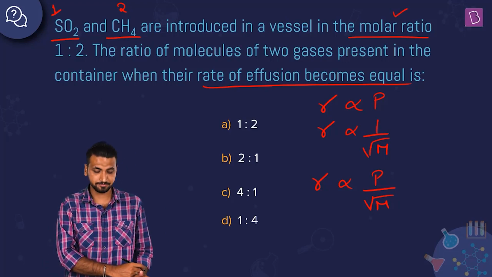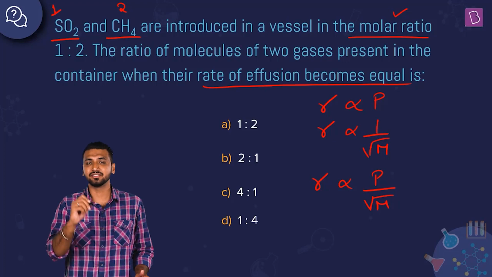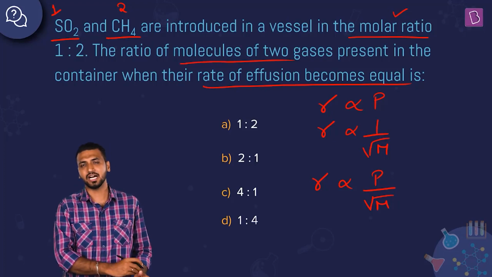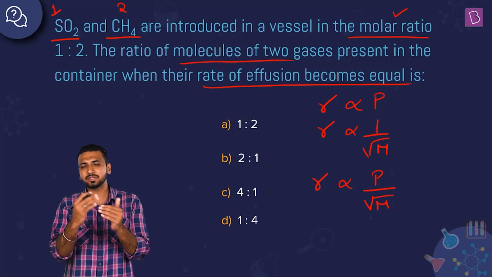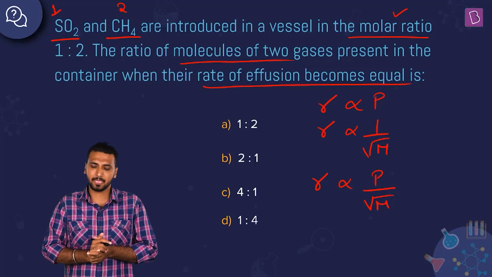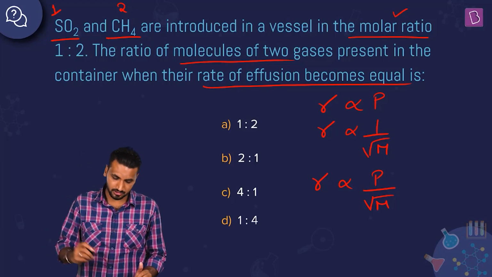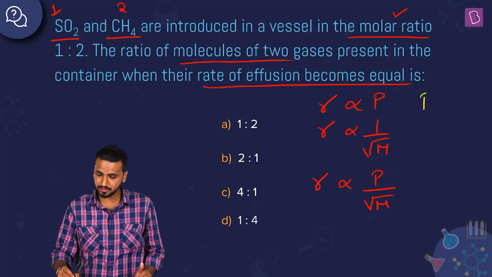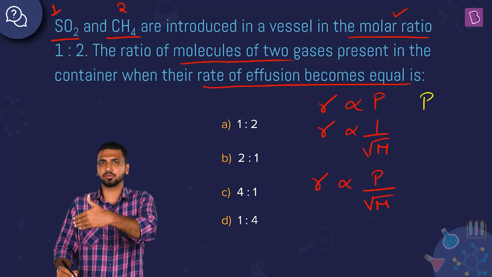And we are talking about the molecules of the two gases. Now, this pressure has to be somehow linked with the moles and the molecules. Can you comprehend that pressure is directly proportional to moles?